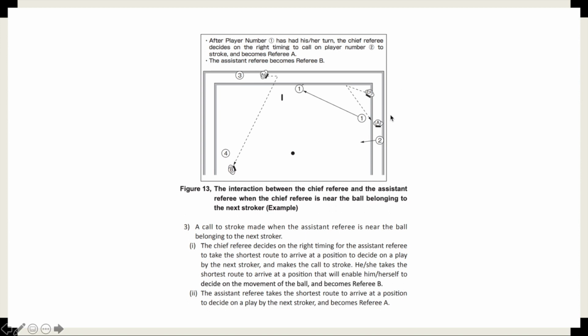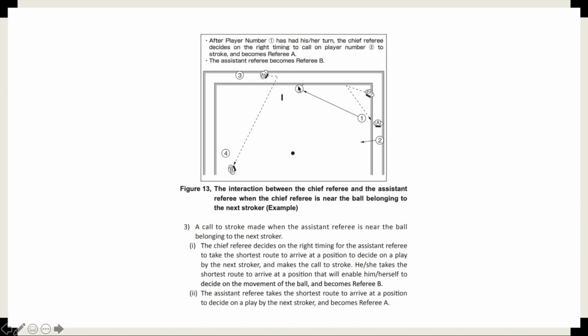We can then see that the chief referee was standing here initially, adjudicating on the stroking of ball 1.